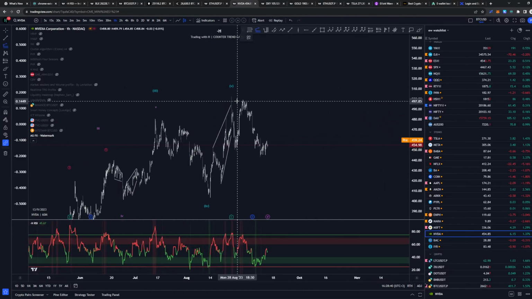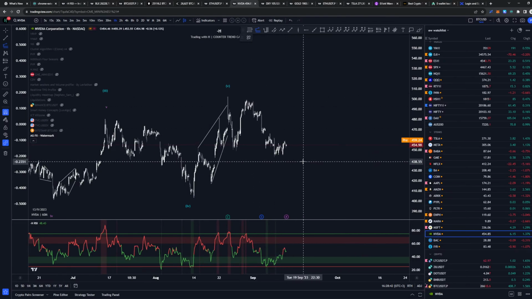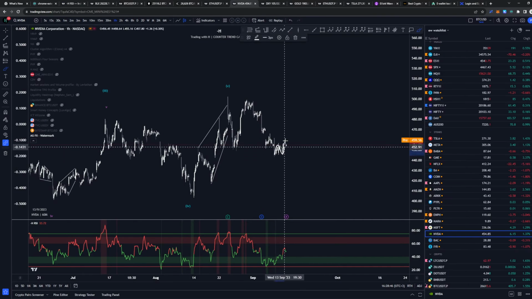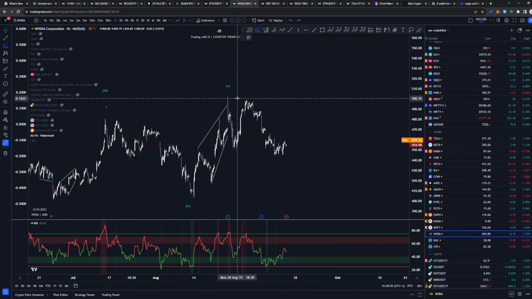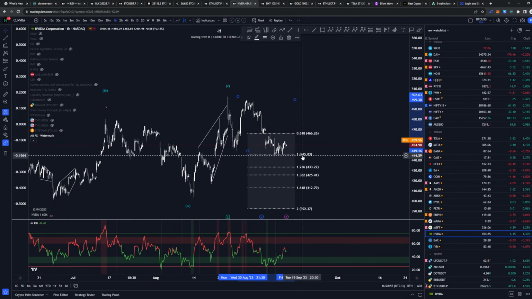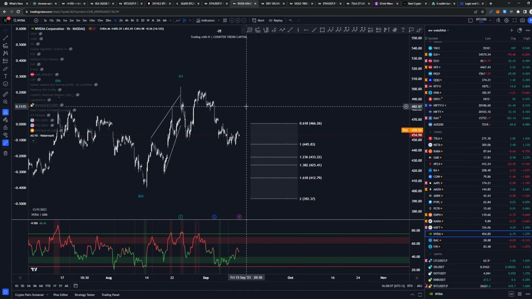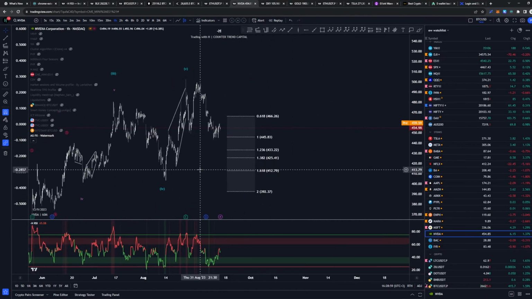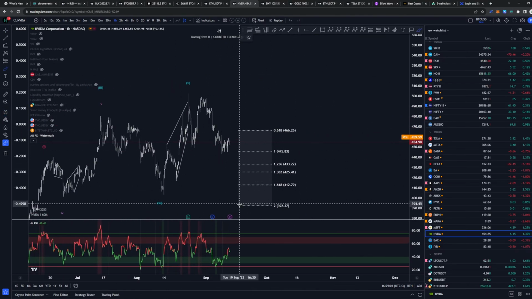NVDA is interesting. While some of the tech stocks were rallying here, we just create this very small three-way structure. So there is a chance that this whole thing is just the start of a larger correction. I would have also expected this to start going down a bit more.